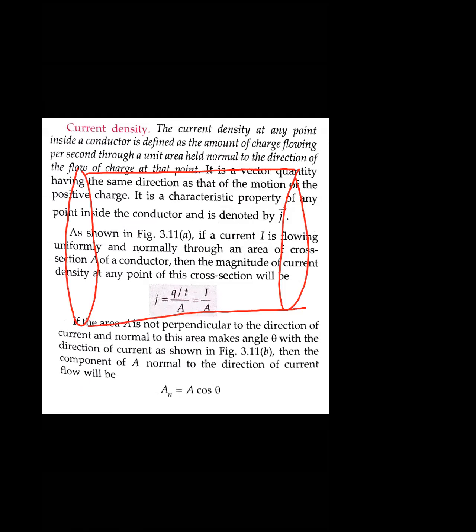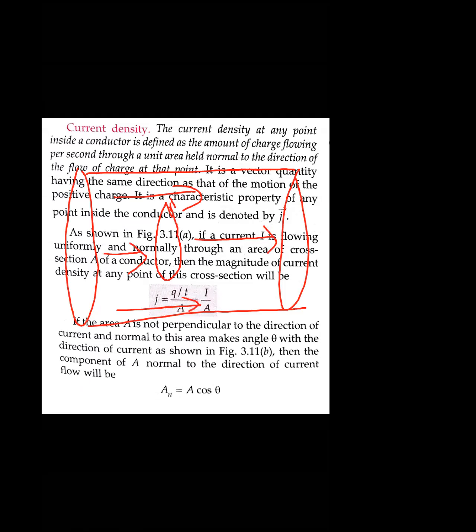Now inside this wire I am taking a small cross section. I have selected a very small cross section inside the conductor, right? As you can see, this cross section is perpendicular to the direction of the current.